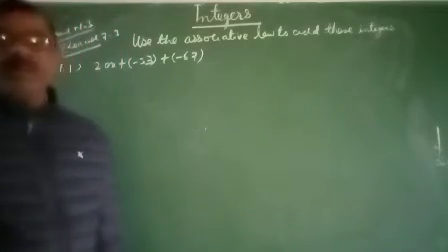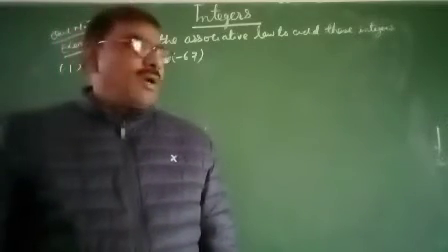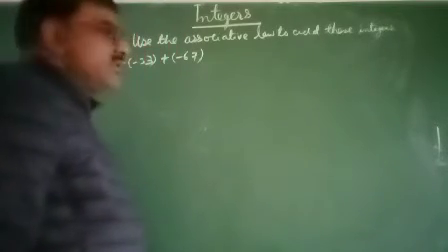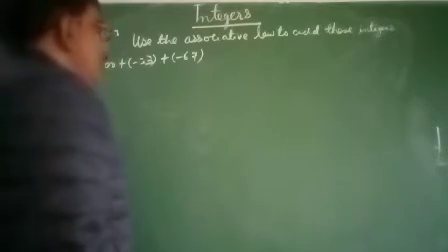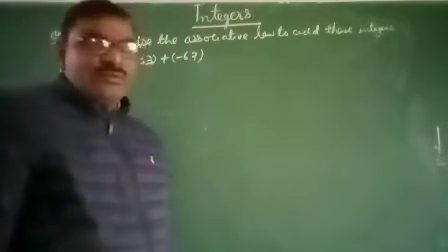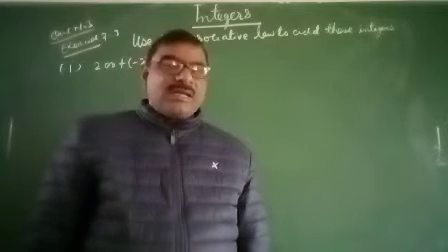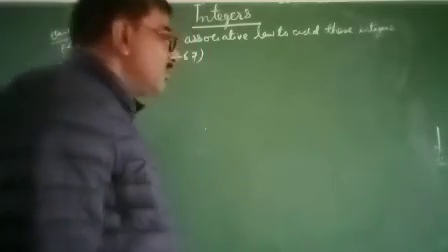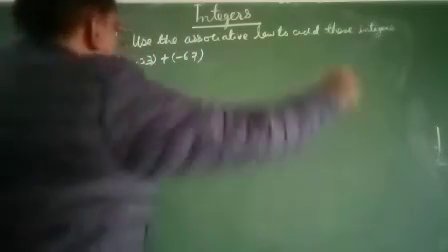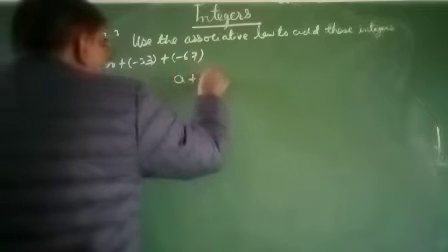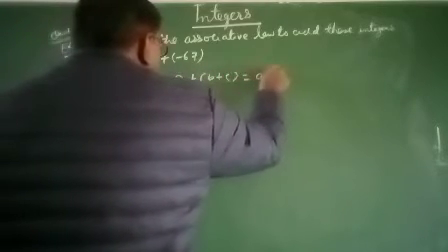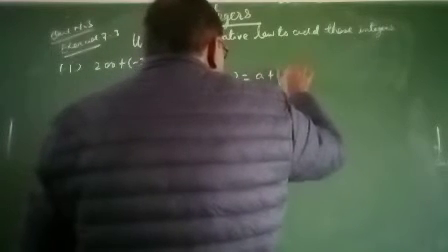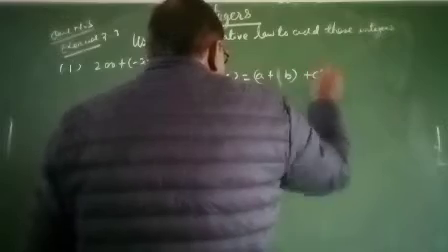First of all, I will explain what is the associative law. Dear students, the associative law says that if A, B, C are three integers, then A plus B plus C equals A plus B plus C, grouped differently.